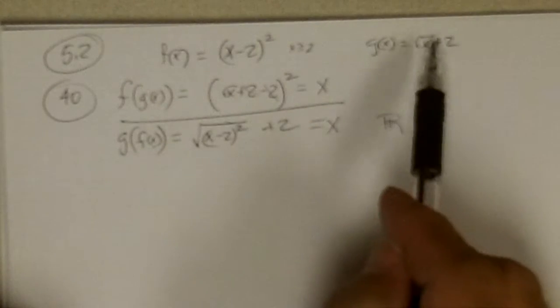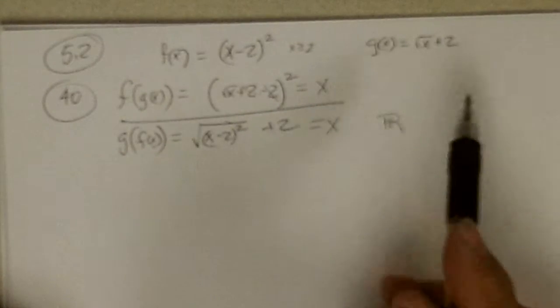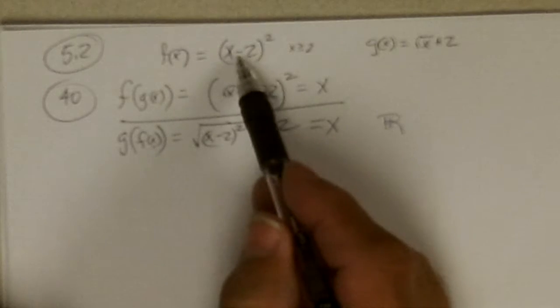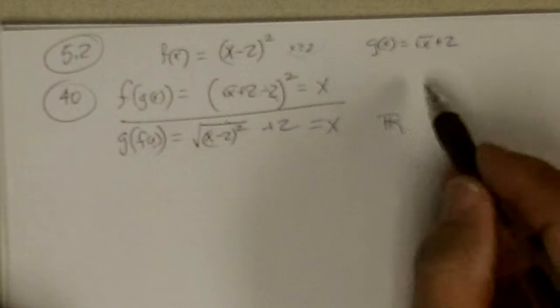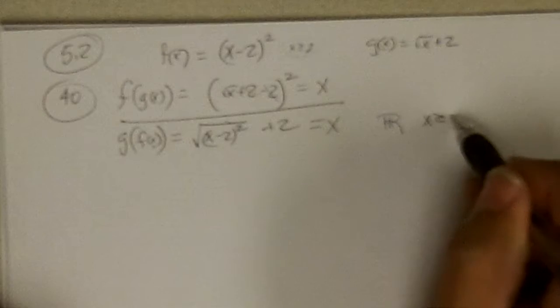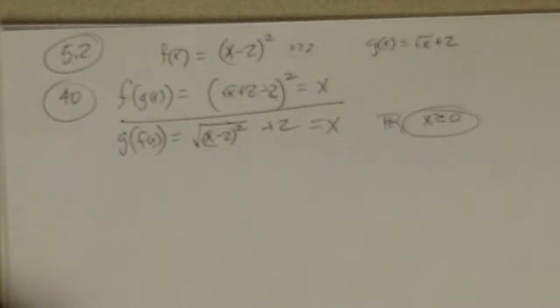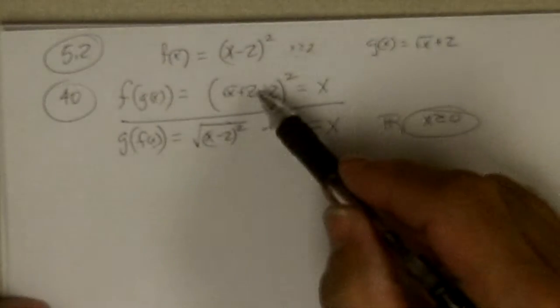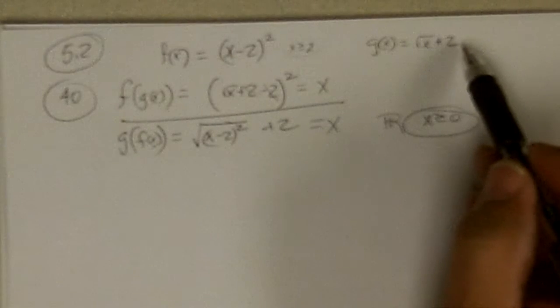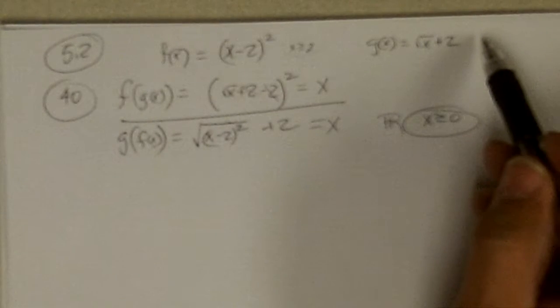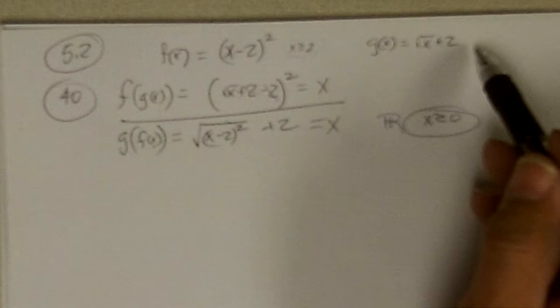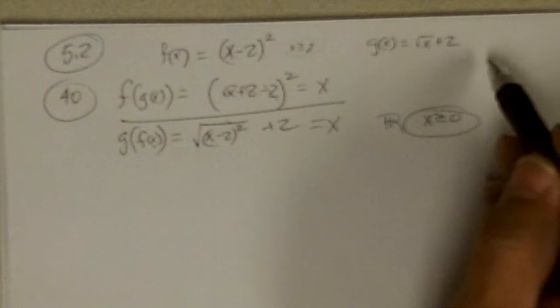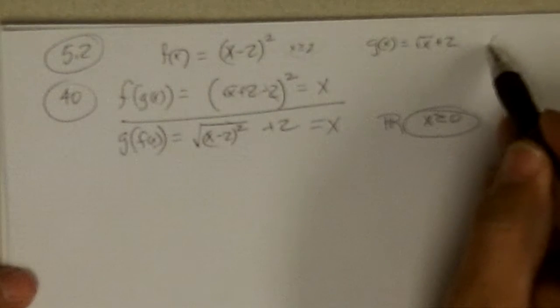Now the other way, what can I put in here? Oh, the domain is already restricted to x greater than or equal to 0, so I got to keep that. Now this way, this domain was restricted. Did it have a restriction on this one? I think so. I think we needed to have x greater than or equal to 0.